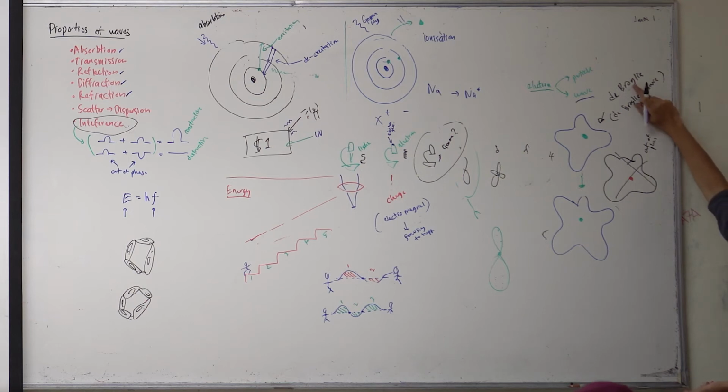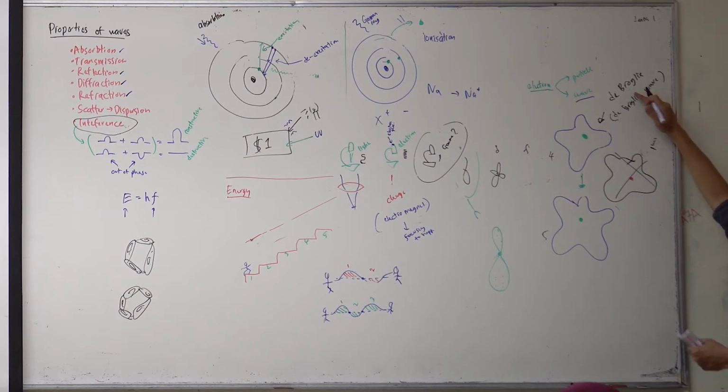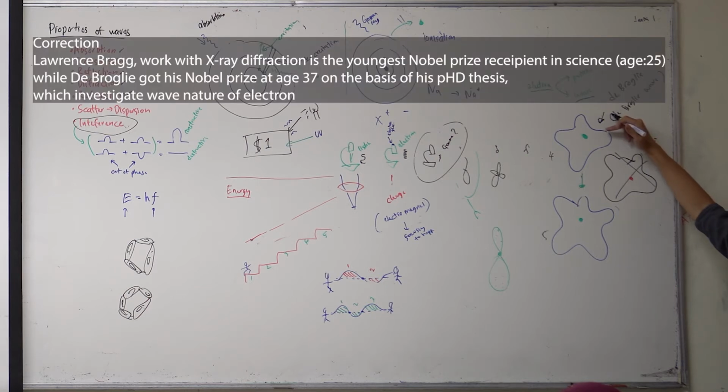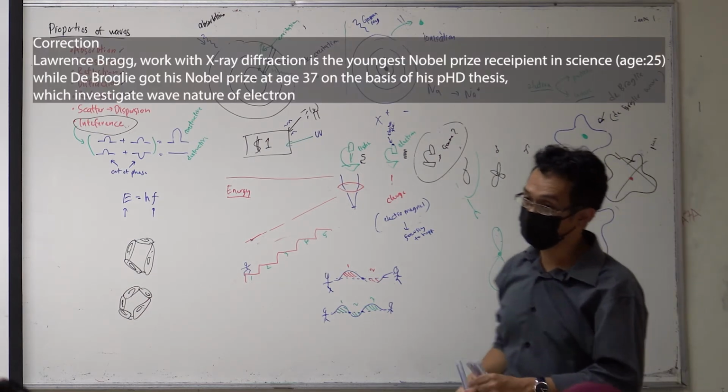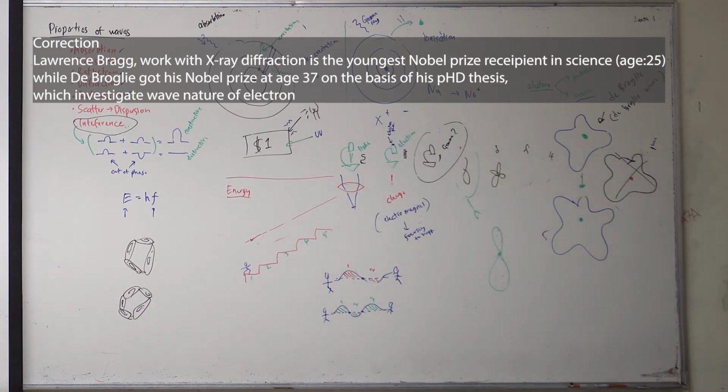De Broglie proposed this in his PhD thesis, and he is the only person who got a Nobel Prize based on a PhD thesis. They wrote the PhD thesis, and the examiner gave it to Einstein, who said this is very revolutionary, and then he got the Nobel Prize. His age at that time was 24. Doing a PhD at 24 and getting a Nobel Prize.